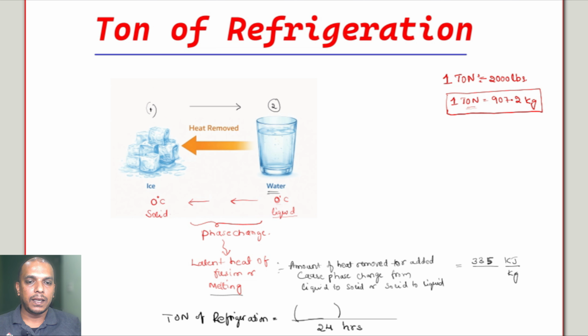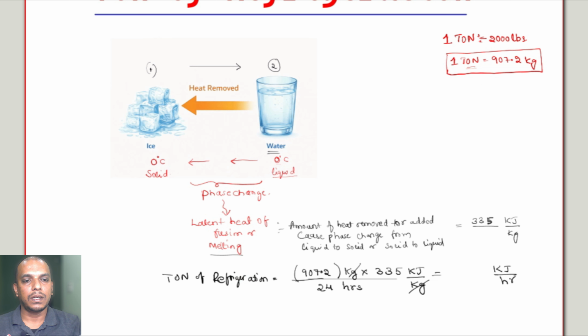And the 1 ton which we are saying is 907.2 kg, and the latent heat of fusion is 335 kilojoule per kg. Now, this kg and kg goes off. All you will have is kilojoule per hour. If you want to convert this into kilowatt, you can just convert this hour into seconds.